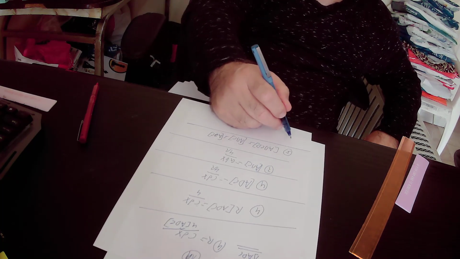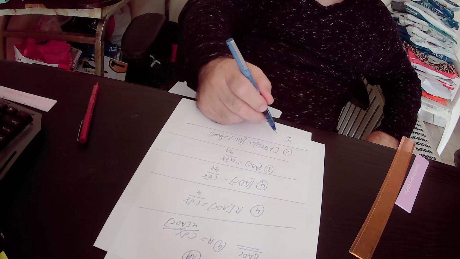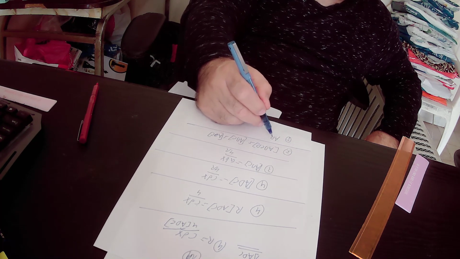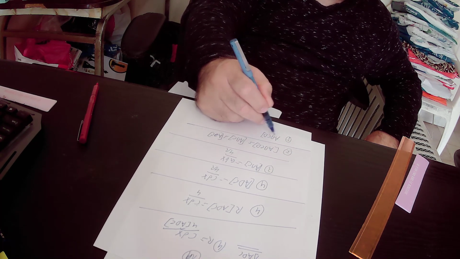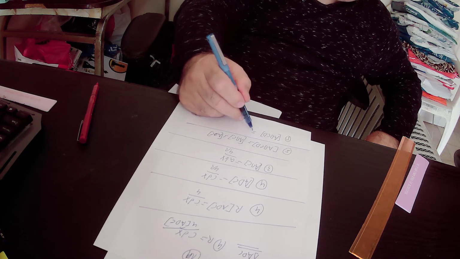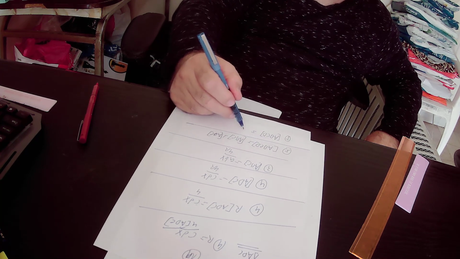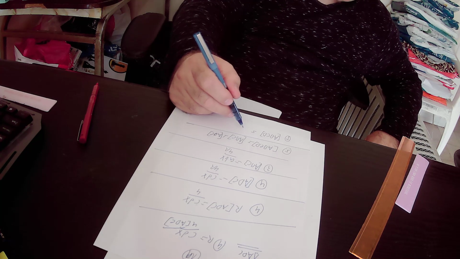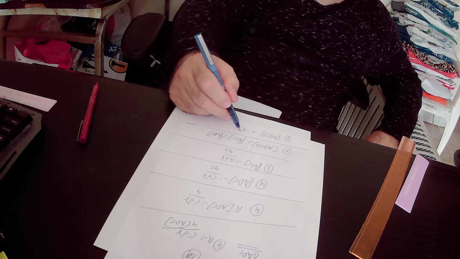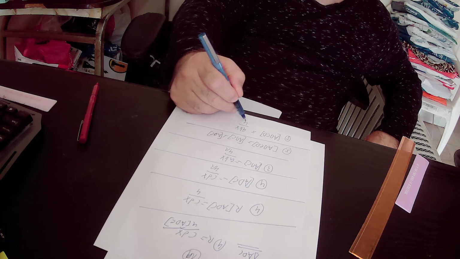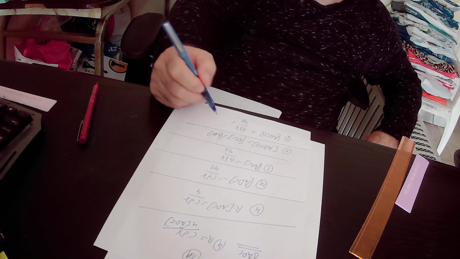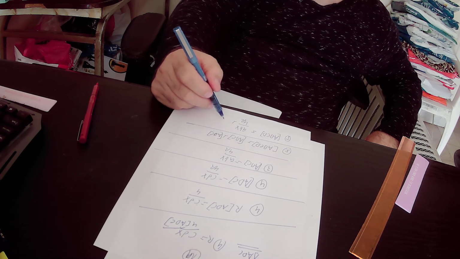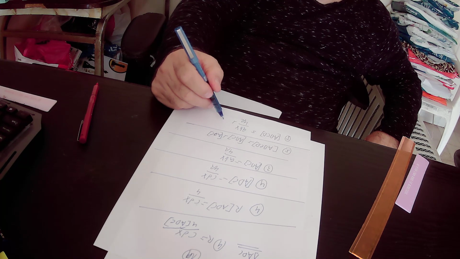So the area of quadrilateral ABCD, according to equation number 1, equals the area of triangle ABC, that is actually ABX over 4R, plus the area of triangle ADC, that is CDX over 4R.